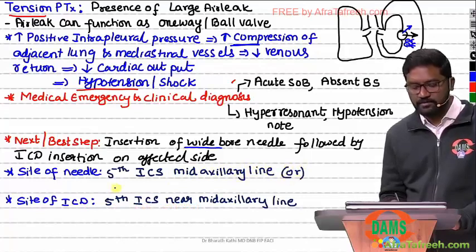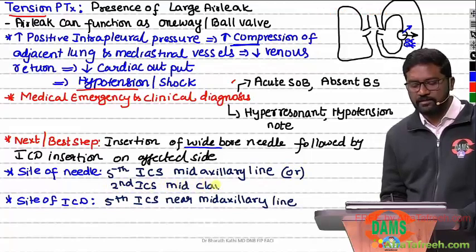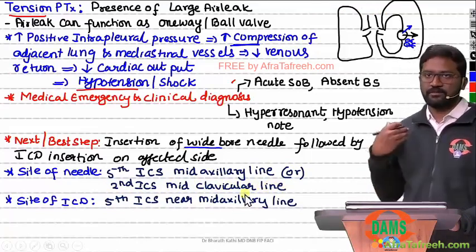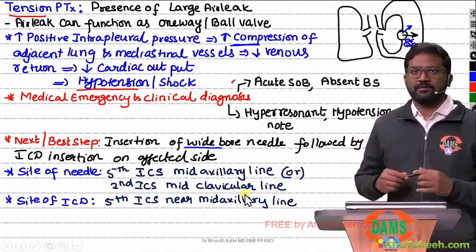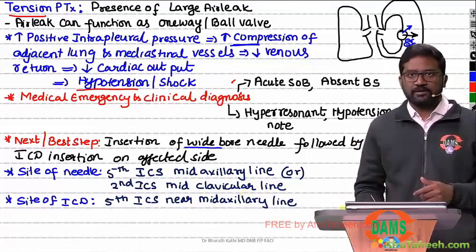This is the old guideline: 2nd intercostal space, mid-clavicular line. Why was this changed? In the emergency department, to avoid confusion, there was a different place for the needle and a different place for the ICD.